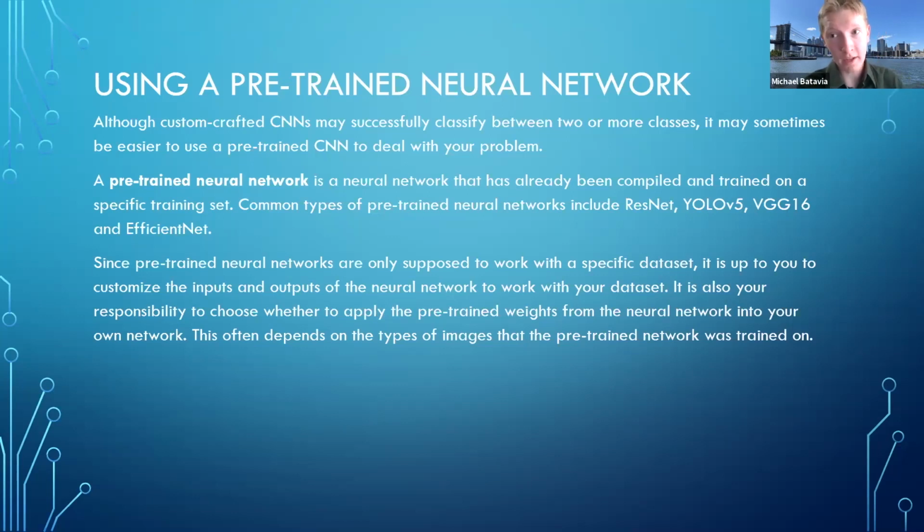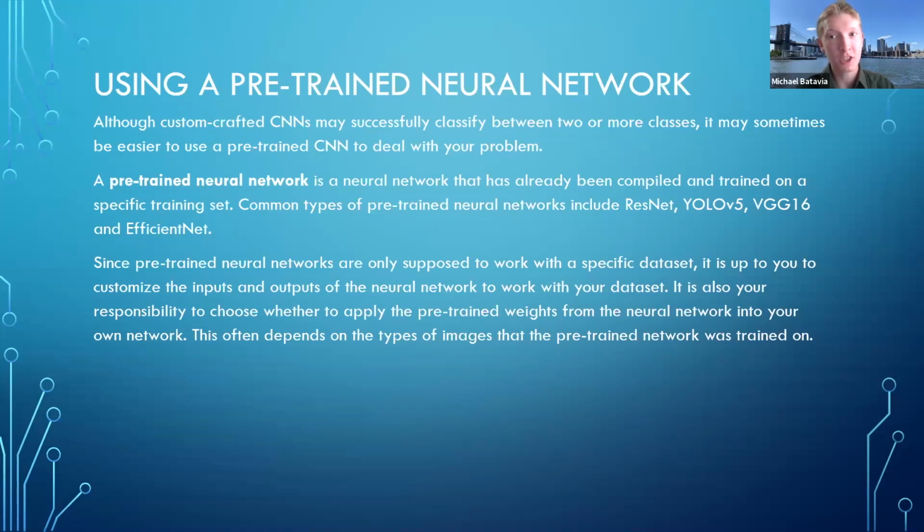However, a word of warning for pre-trained neural networks, if your brain is still remembering, packing in all this information: it's up to you to customize the inputs and outputs of the neural network to work with your data set. These pre-trained neural networks have been trained to work on some other type of data. For example, I know that ResNet has been trained on the ImageNet database, which is a lot of different types of images, not specifically cats and dogs.